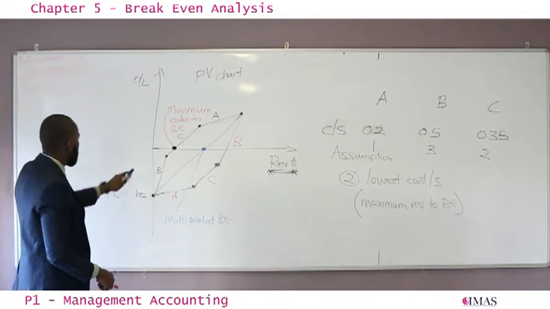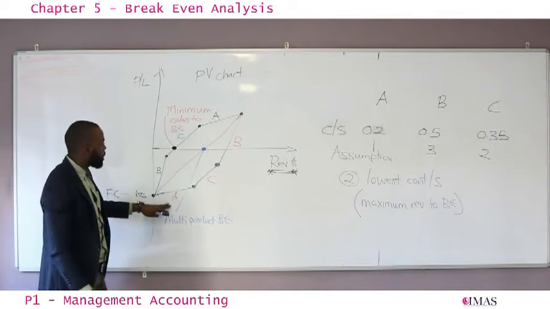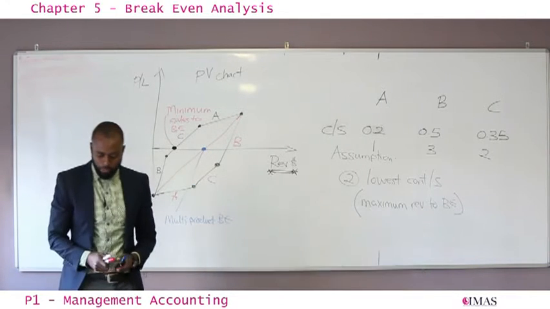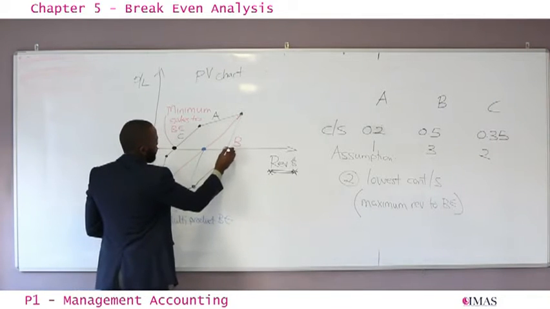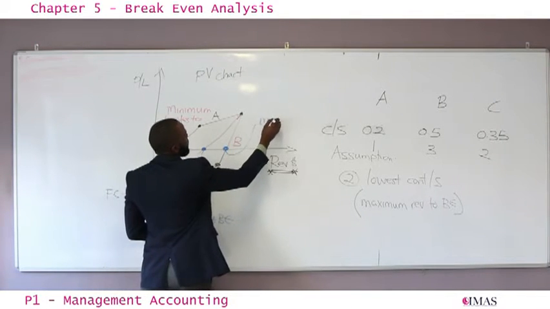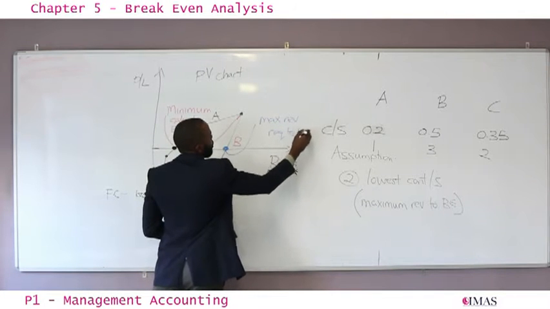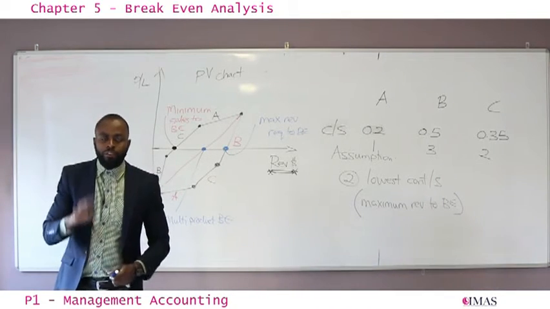From this graph we can tell that we start with the product that generates the least contribution, followed by the second one, then the one that is the highest contribution. And the figure that we get here is our break-even point. We're saying this is the maximum revenue required to break even.